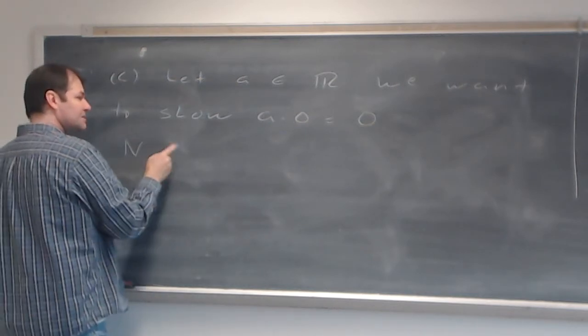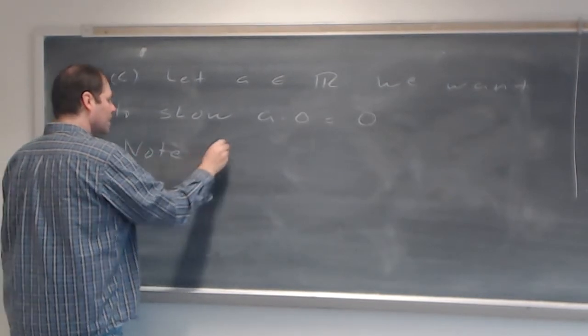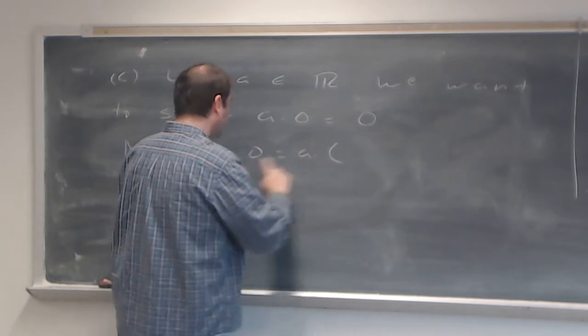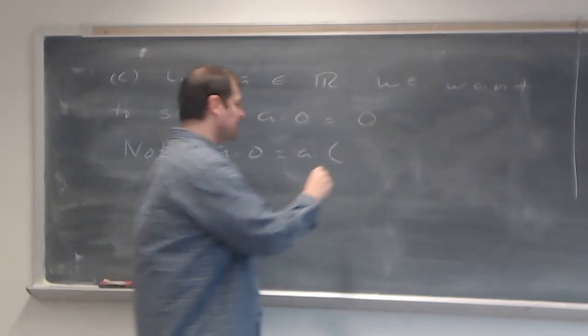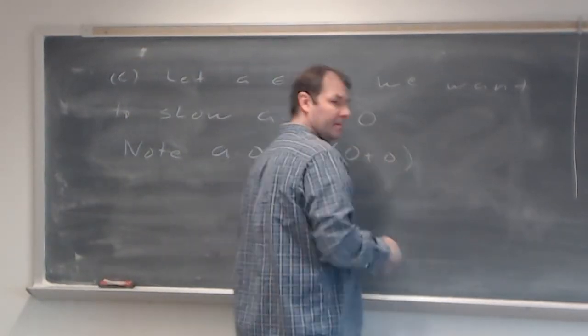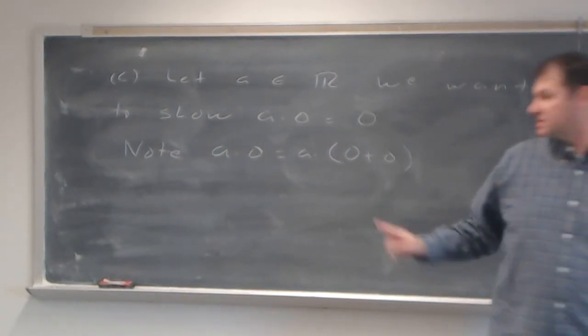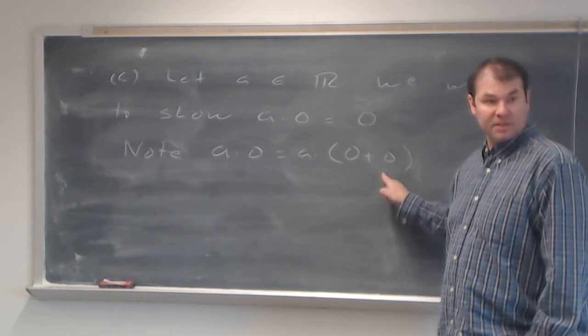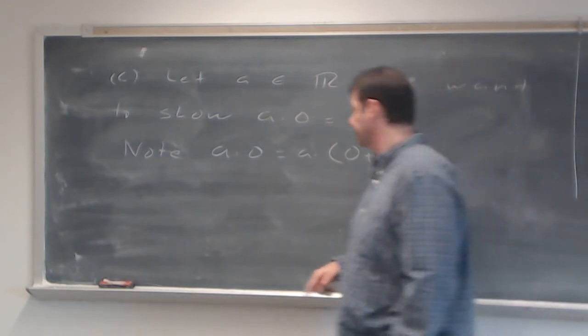I want to show that A times 0 equals 0. Well, note that A times 0 is the same thing as A times, instead of 0, I'm going to write 0 as 0 plus 0. Because if I add 0 to anything, I just get the anything.